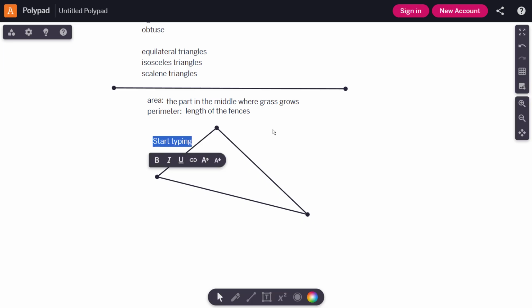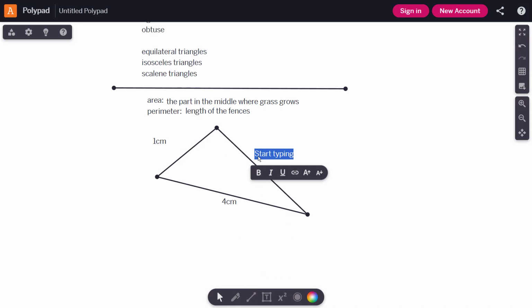All you have to do to calculate the perimeter is simply add these three sides together. For example, this is 1 centimeter, this is 4 centimeters, this is 3 centimeters.